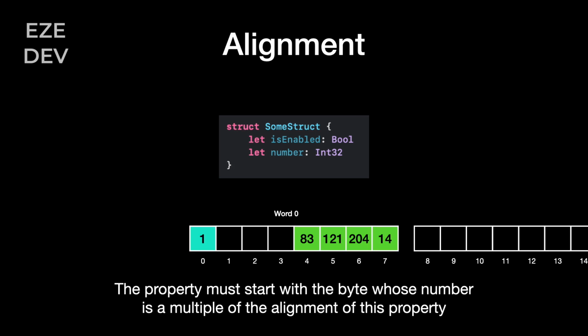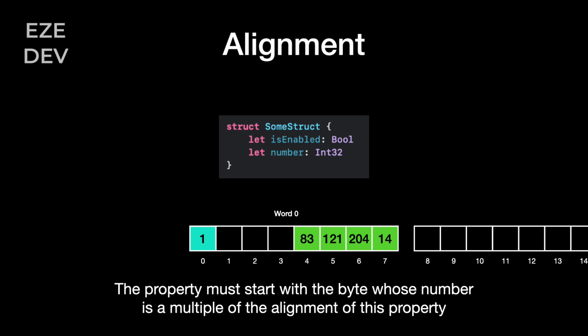If we swap two properties, meaning the boolean property comes first and then the Int32, we will see a significant change. The Int32 property will have to move to the 4th byte. A property should start at a byte with an index that is a multiple of its alignment. Therefore, the Int32 type can start from indexes 0, 4, 8, 12, 16, and so on.